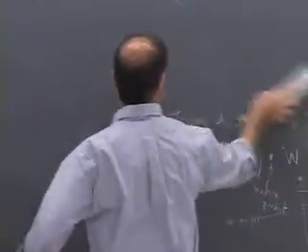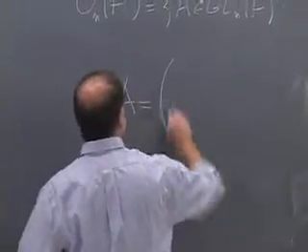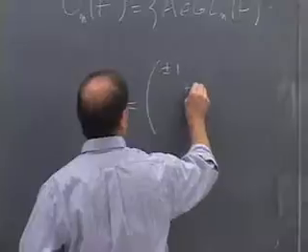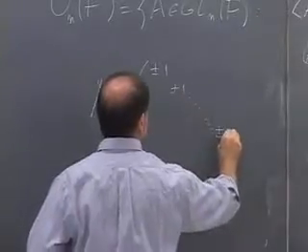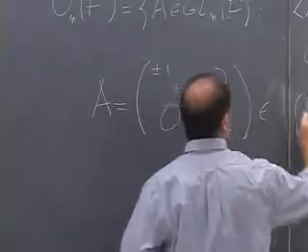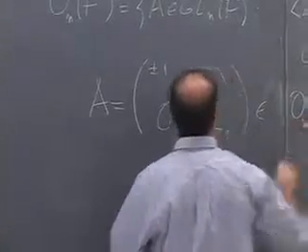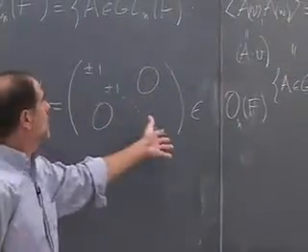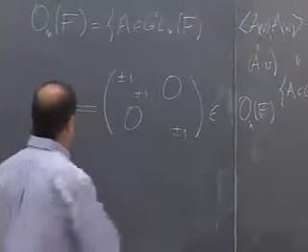To do that, you have to actually exhibit elements in this group. So I'll show you some elements which happen to preserve the inner product. And maybe the only thing in the group is 1. But if you take this matrix, for example, any matrix that looks like plus or minus 1s on the diagonal and 0s elsewhere, that's an element in O_n(F). Because if you calculate its inverse, it's equal to its transpose.